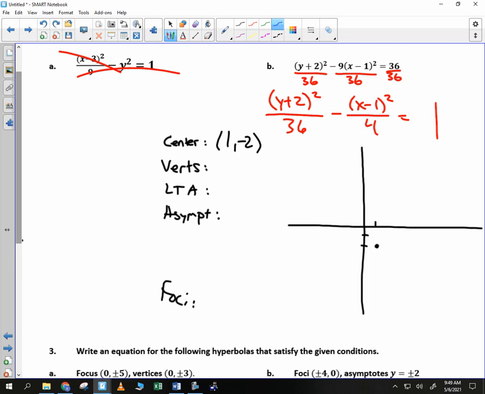So I'm going to go up 6: 1, 2, 3, 4, 5, 6, and down 6. And side 2, 1, 2, 1, 2.